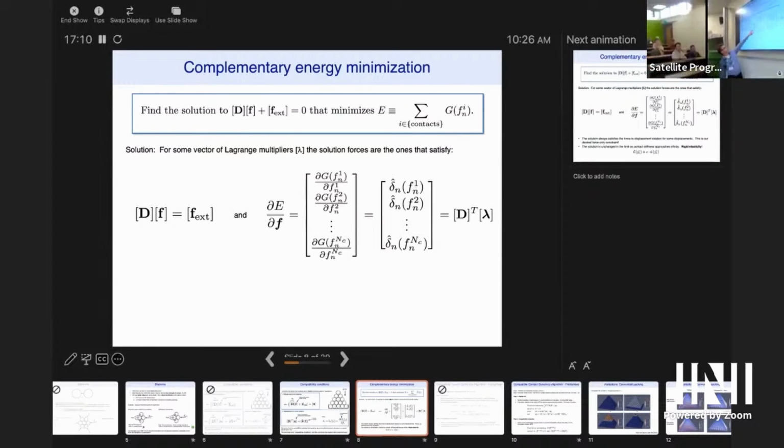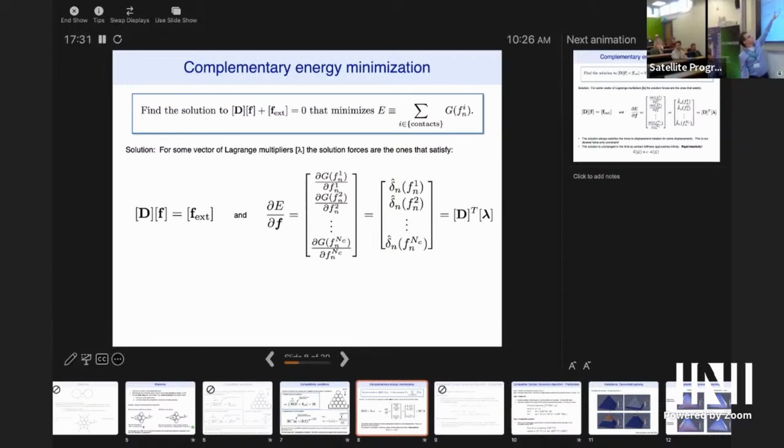Because my unknowns are F, and because this function was just the sum of the G's, it turns into this list of partial derivatives. Each of these partial derivatives is the derivative of complementary energy with respect to the force at each location, and that's the overlap.